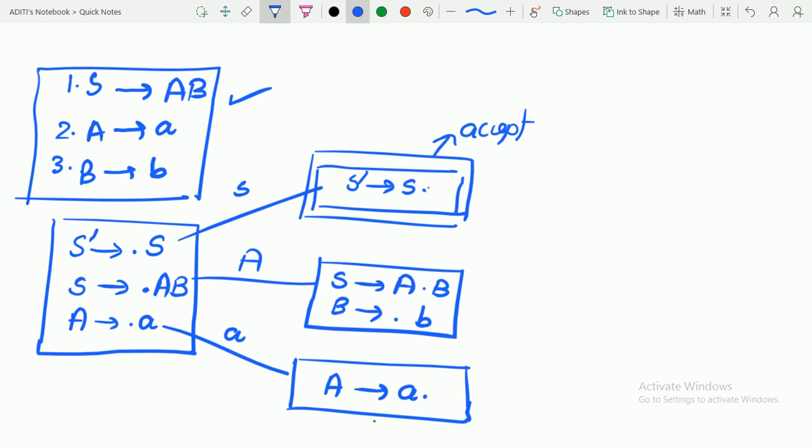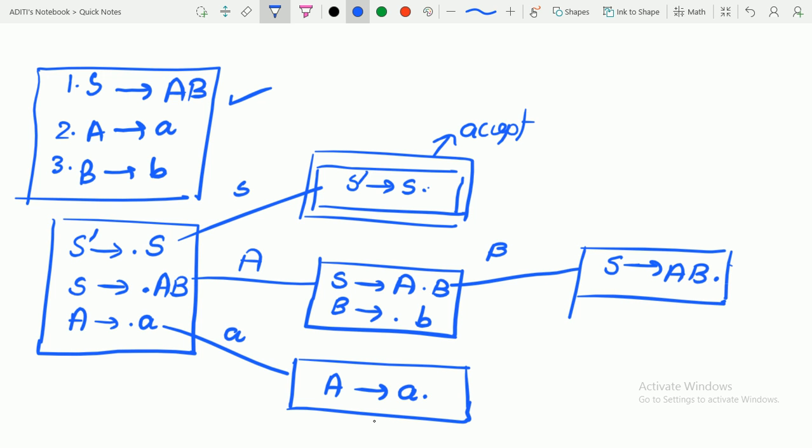So these two are completed, but these two are not completed because the dot is not on the right-hand side. So we have to go further: on B transition, the goto function is called and will shift the dot to the right-hand side part. Now this is done, so the state is completed.